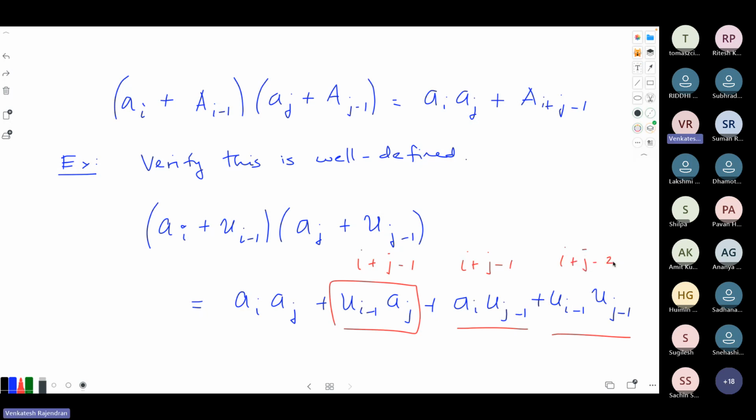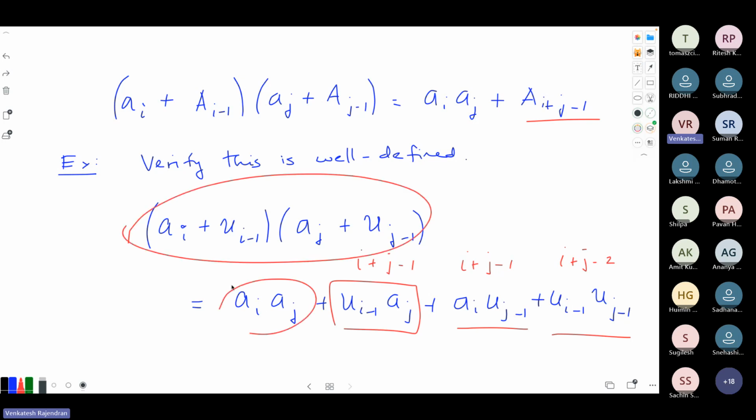So if you take the quotient modulo A_{i+j-1}, you can see that these have the same image. That proves this is well defined, and once you prove this, everything else will just follow.